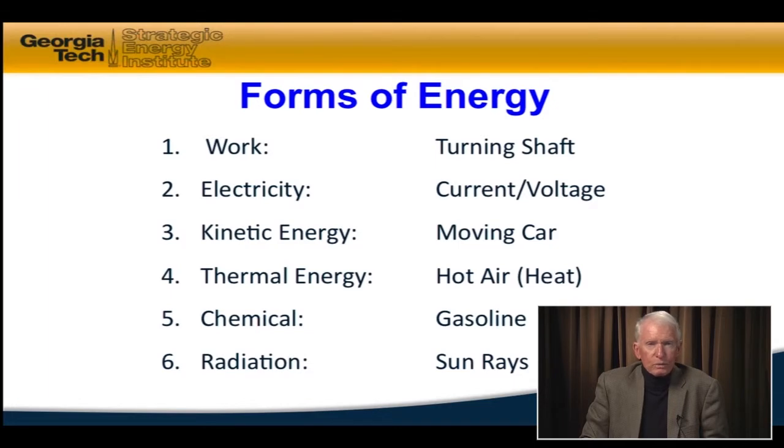Kinetic energy is one that we're probably fairly familiar with regarding a moving car. You have to put energy into the car when you're at a stoplight in order to accelerate it to 25 miles per hour to get to the next stoplight in traffic. So it has kinetic energy.